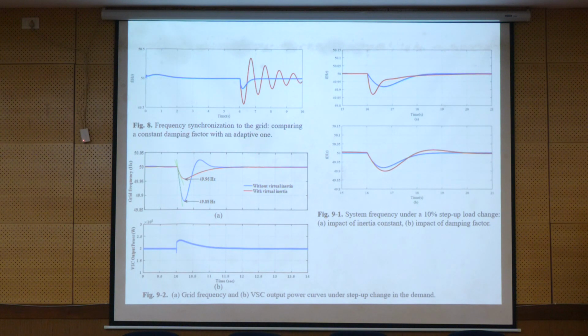In fact, the grid is much bigger than the load, so grid connected mode is more than islanding mode. So if we have this for the grid connected mode, and then we have the adaptive one, we can damp the swing by this adaptive swing damping. Lenny, is it clear?